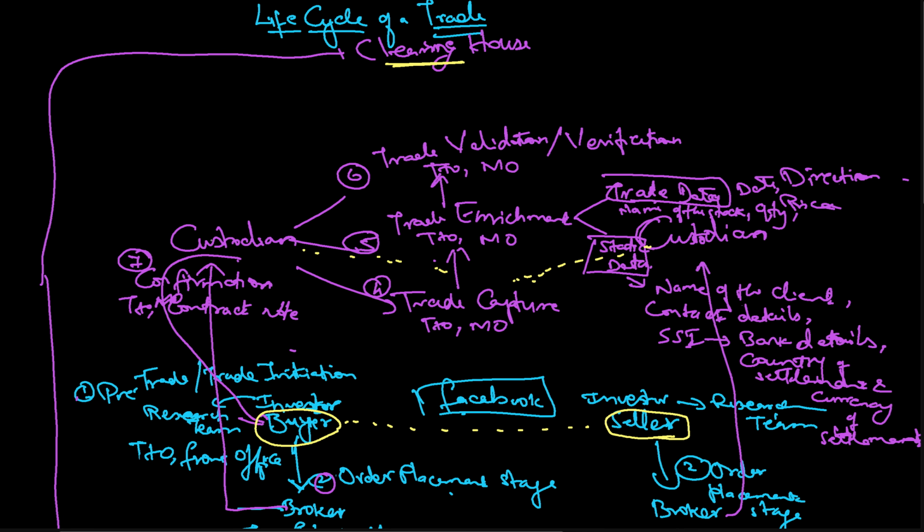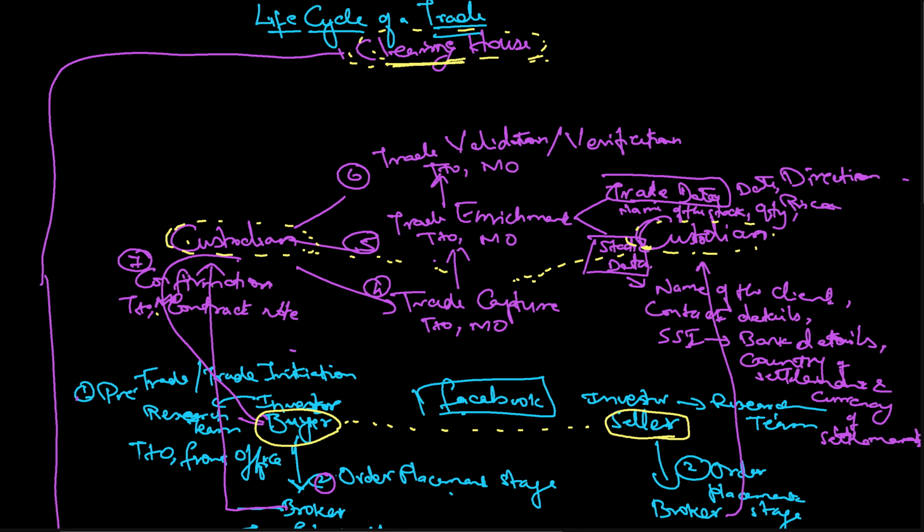The system behaves as if, for this buyer's custodian, the clearinghouse is the counterparty, and for this seller's custodian, again the clearinghouse is the counterparty. So the clearinghouse takes the counterparty guarantee over here.